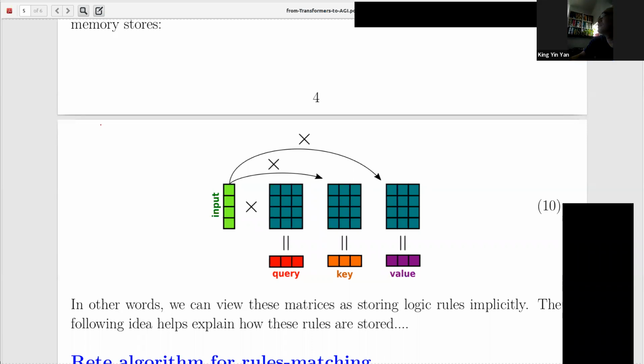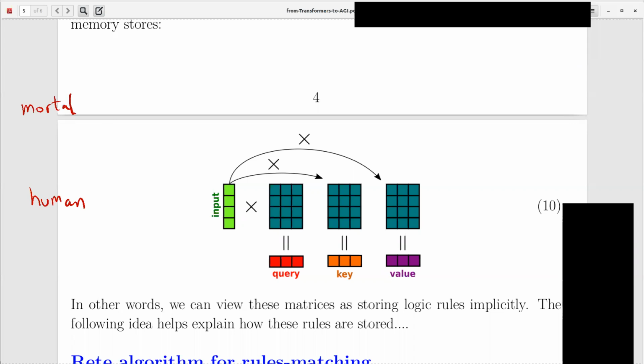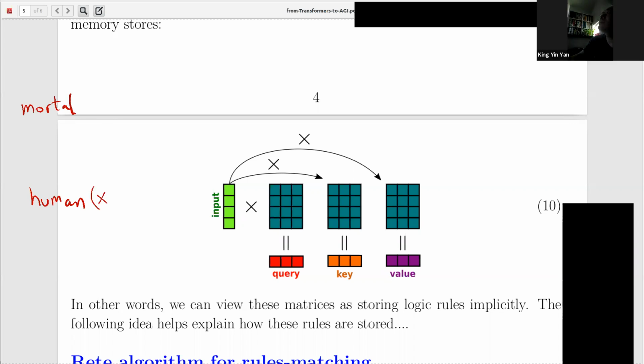For example, I use a logic example. If human X, then mortal. If you want to apply this rule, you have to match human to mortal, and then X to X. This is similar to when we say a student matches to 学生.